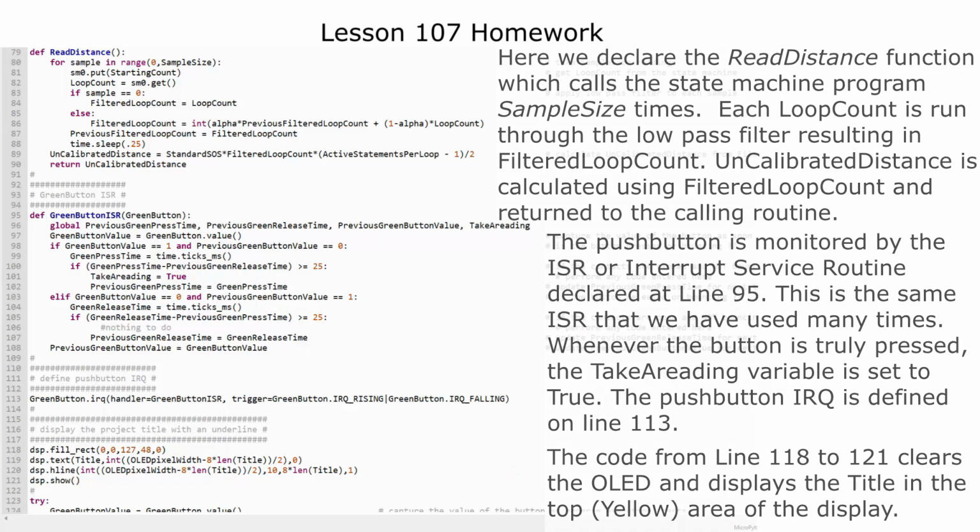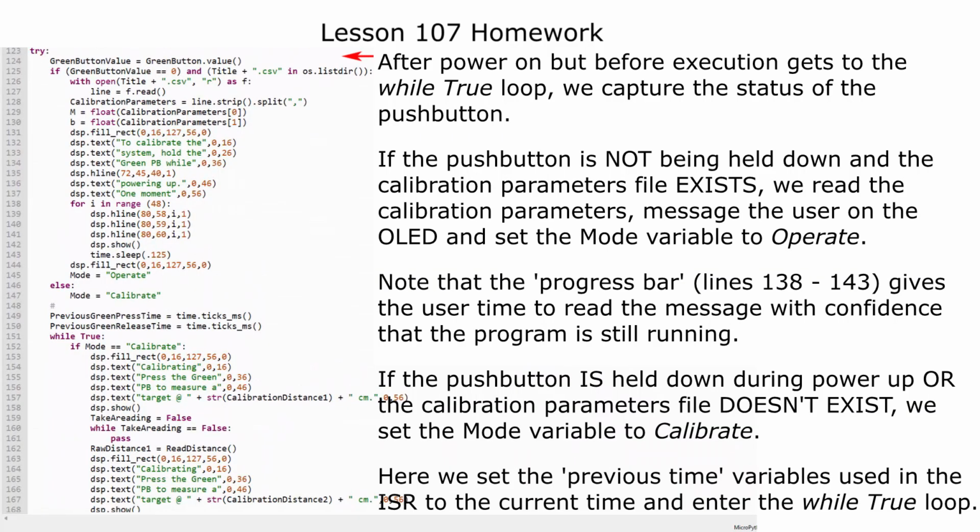After power on, but before execution gets to the while true loop, we capture the status of the push button. If the push button is not being held down and the calibration parameter file exists, we read the calibration parameters, message the user on the OLED, and set the mode variable to operate.